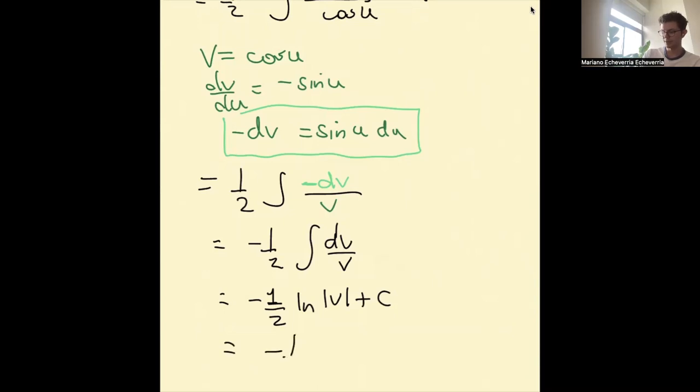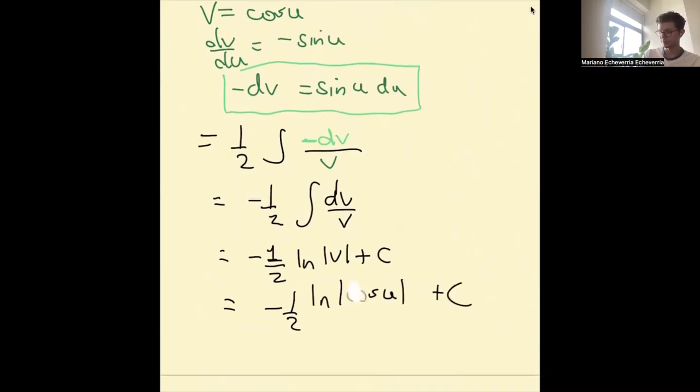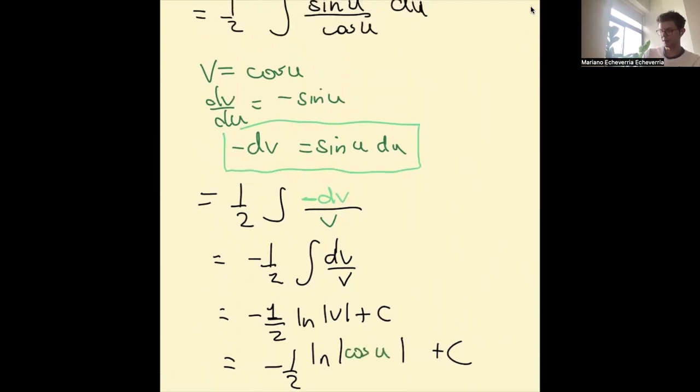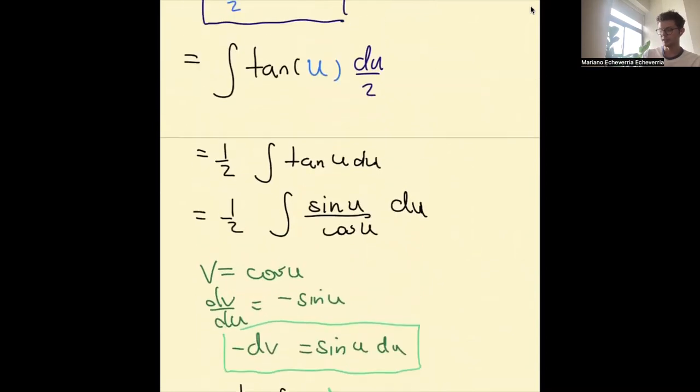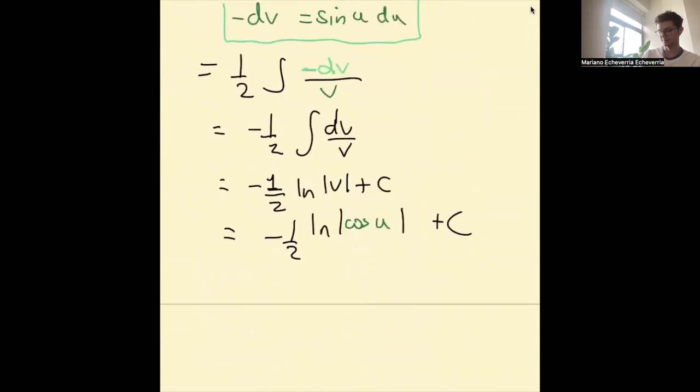What you end up doing is, v was cosine of u, right? So that's the first substitution that I'm putting here. But then u was x squared, right?